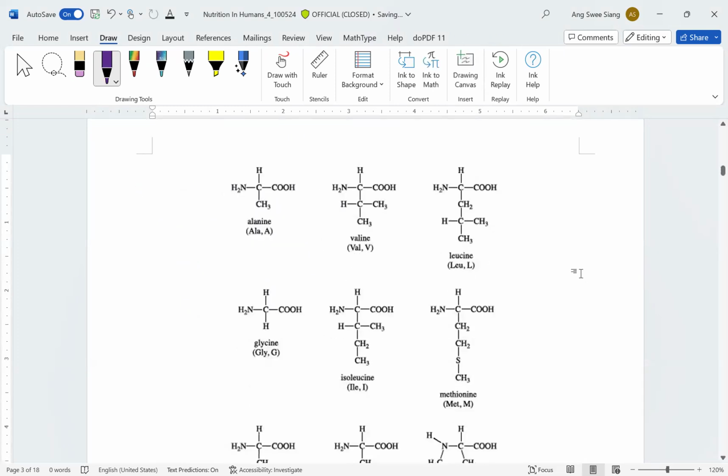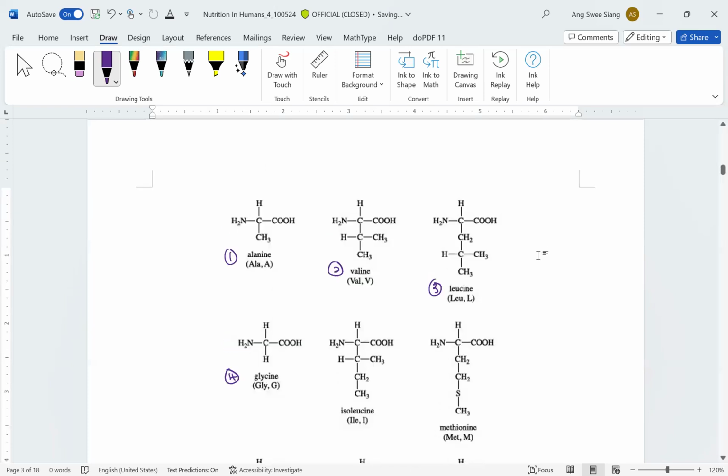Now, you can see here there are many different amino acids. So you have alanine, valine, leucine, glycine, and so on and so forth. Altogether, there are 20 common amino acids. That means there are at least 20 different amino acids commonly found in nature.